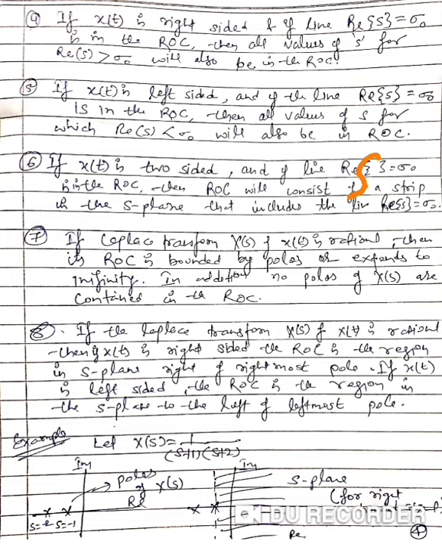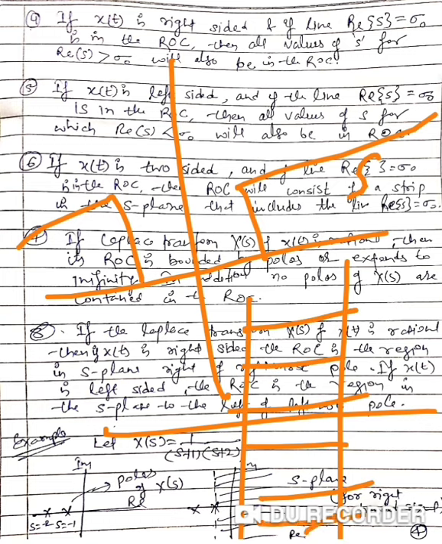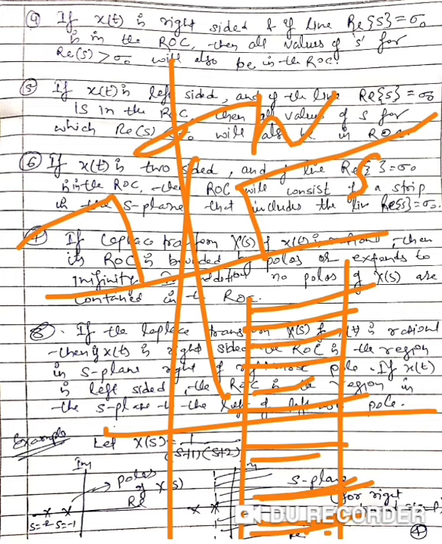If it is a two-sided signal, let's say one signal is this and another is this, so ROC will come out to be a strip like this, where this is the j omega axis. So ROC comes out to be a strip bounded by two values of real part of s.